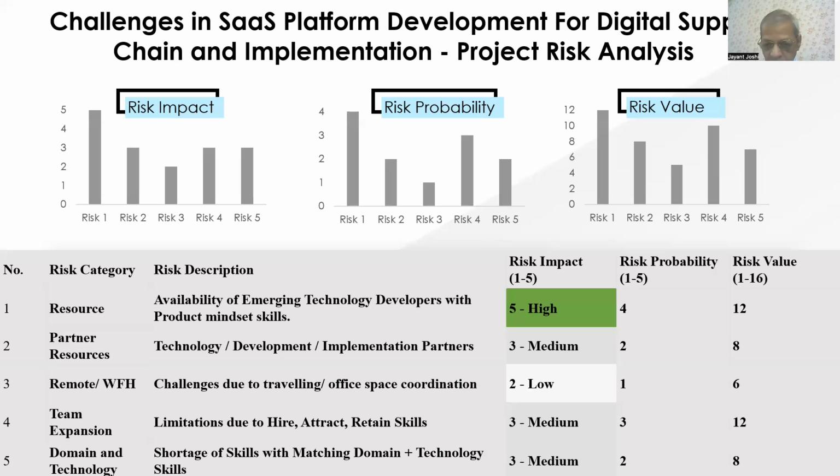So attracting, getting the skills, and retaining those skills is also a challenge, because there's so much local and global demand for such skills. And once they get expertise developed, not only in the technology but in the domain also, they have big opportunities locally as well as globally. So there is a lot of attrition. So attracting those skills and retaining them is also a challenge, which is also a medium risk impact.